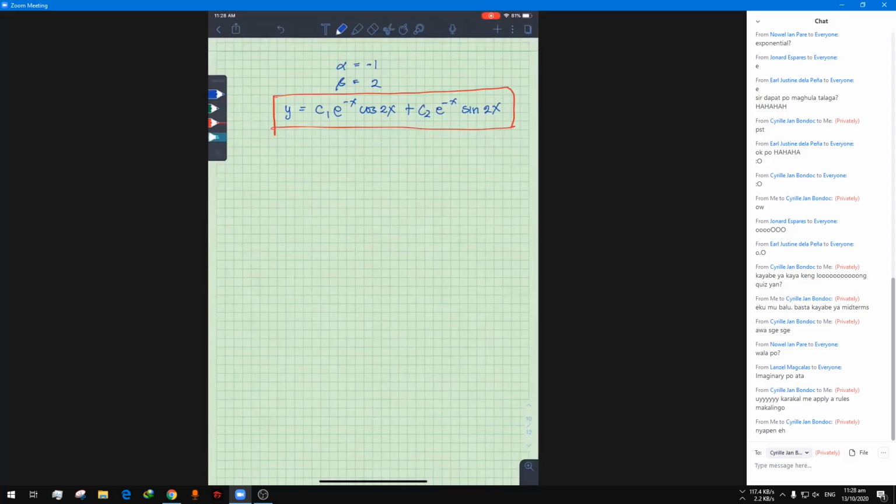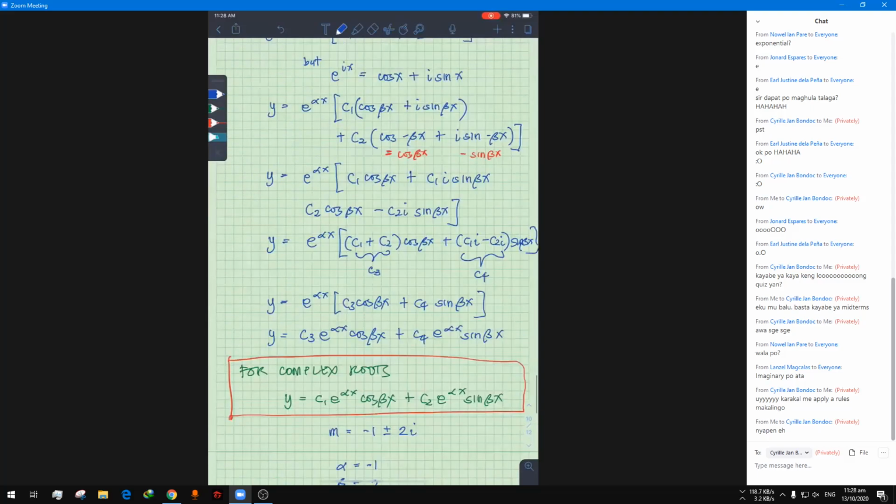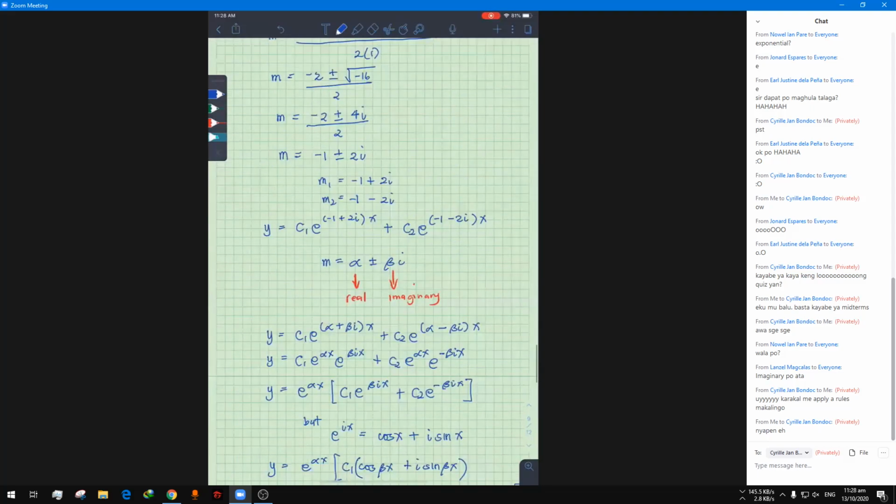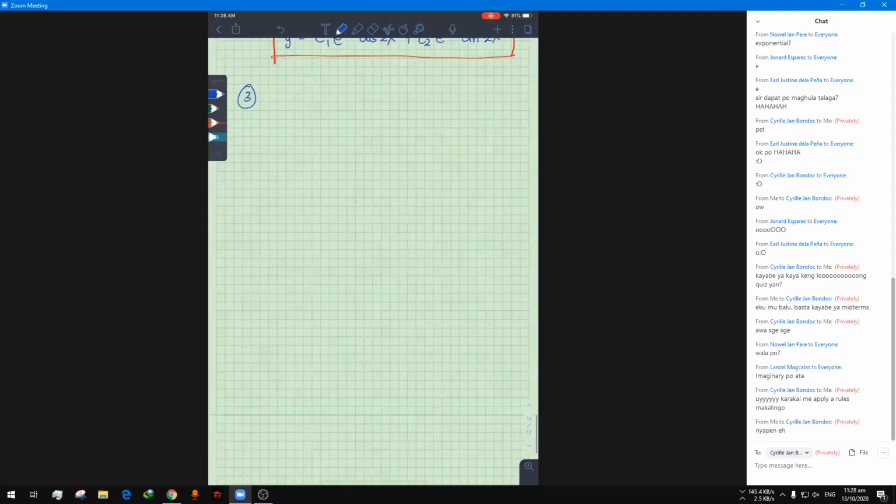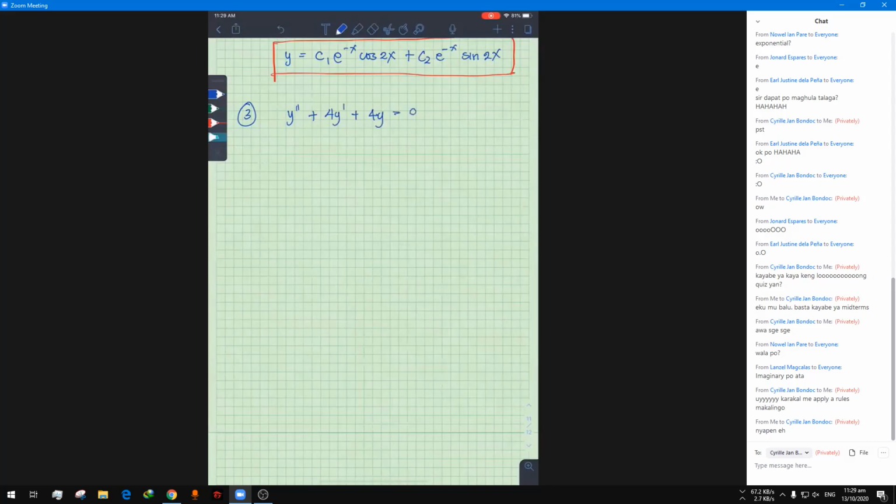Okay, next example. Last example. So what if I would have example number 3? Number 2 yun, no? So number 3 would be y double prime plus 4y prime plus 4y is equals to 0.